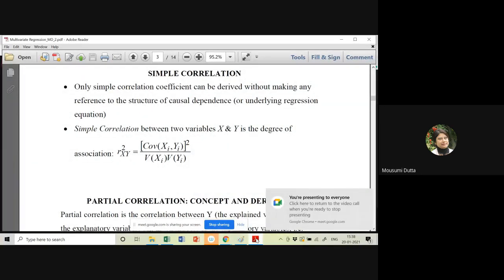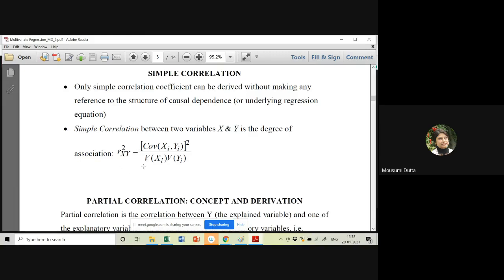All of you are aware about the definition of the Pearson's product moment correlation coefficient, the simple correlation. If you consider R square between any two variables x and y, it will give the definition covariance xi yi whole square divided by variance of xi into variance of yi.